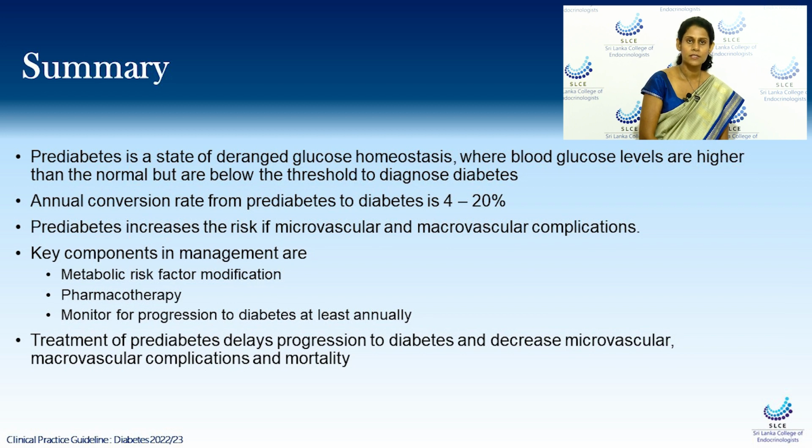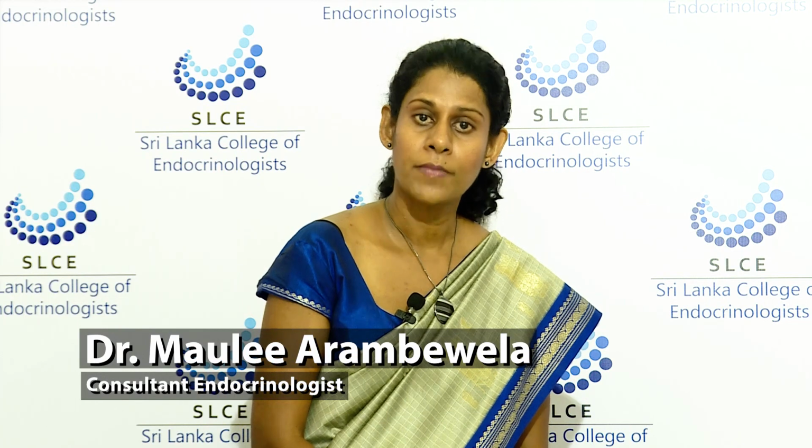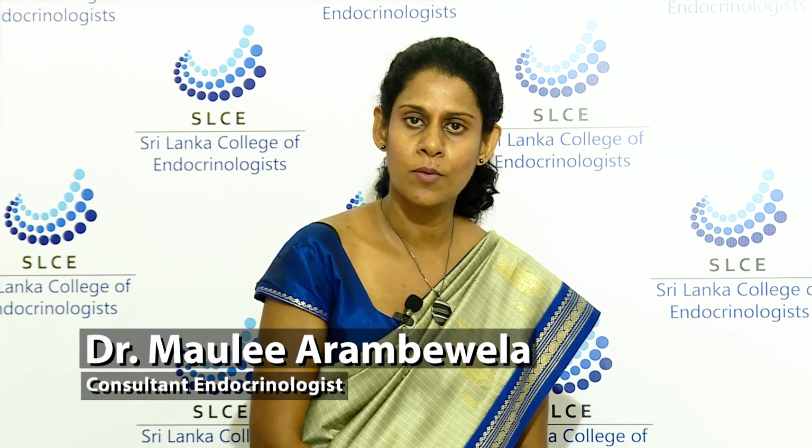Prediabetes increases the risk of microvascular and macrovascular complications, and the key management components are metabolic risk factor modification, pharmacotherapy, and monitoring of progression from prediabetes to diabetes at least annually. And finally, treatment of prediabetes delays the progression of diabetes and reduces the microvascular and the macrovascular complications and the mortality as well.